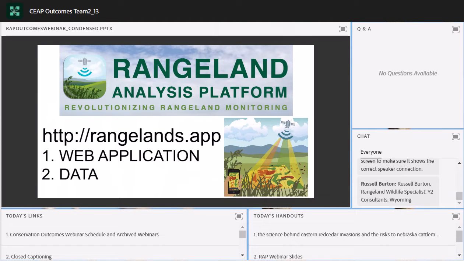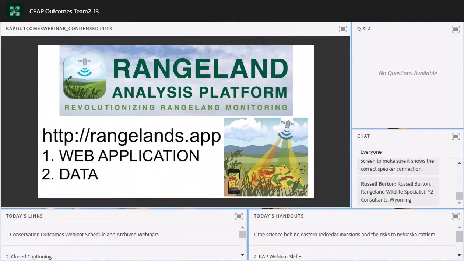Now, many of you have probably heard of the Rangeland Analysis Platform, and many of you have used it or are using it in your work. But I'm going to take a few minutes to talk about it today. So the Rangeland Analysis Platform is actually two things. First, it's a web application, and you can go to the URL on your screen and learn about the Rangeland Analysis Platform, use it and do some simple analyses and some simple visualization to see how rangeland vegetation is changing through time.